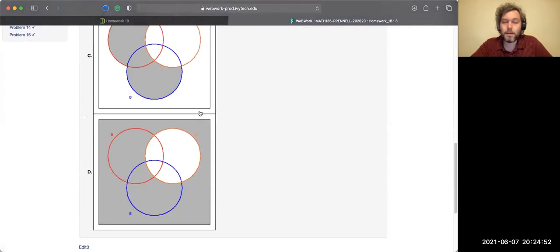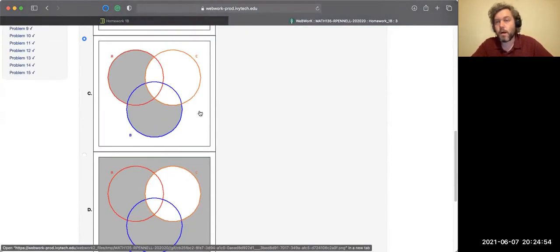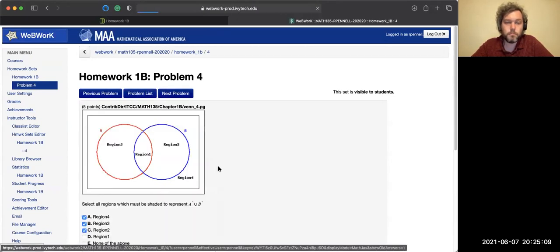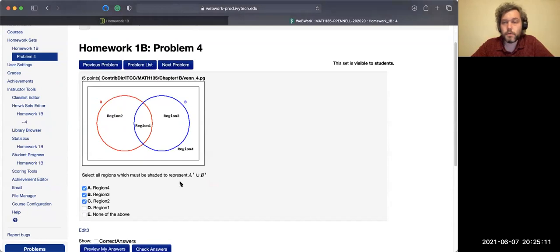So we don't want this outside. That would be a different problem if it was a union. So this would be the correct answer for A union B intersect C complement, which is like A union B minus C. Yeah. All right, this is very similar, except it just talks about regions, and it's a multiple choice question.